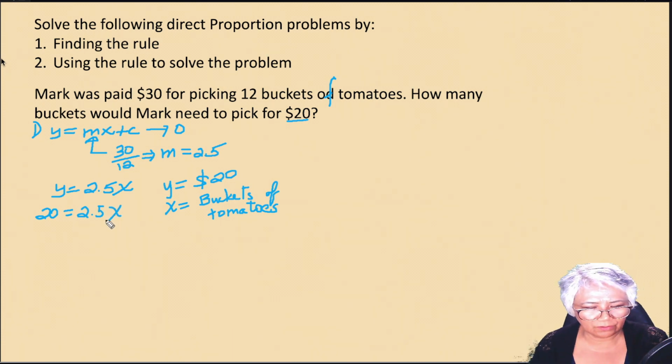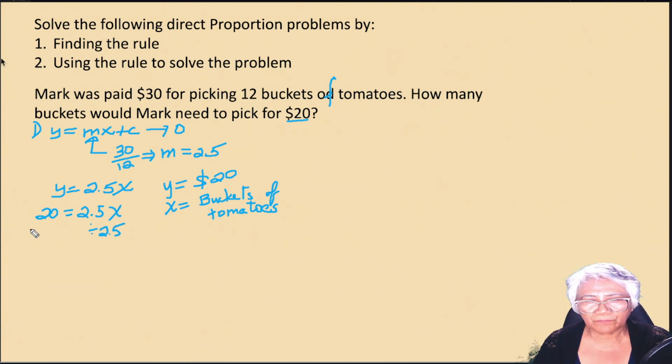2.5x. All right. Now again, isolate the x. So we need the inverse operation. So divided by 2.5 and divided by 2.5. Okay, so this will cancel out with that, giving you 1. So that's 1x or just x.